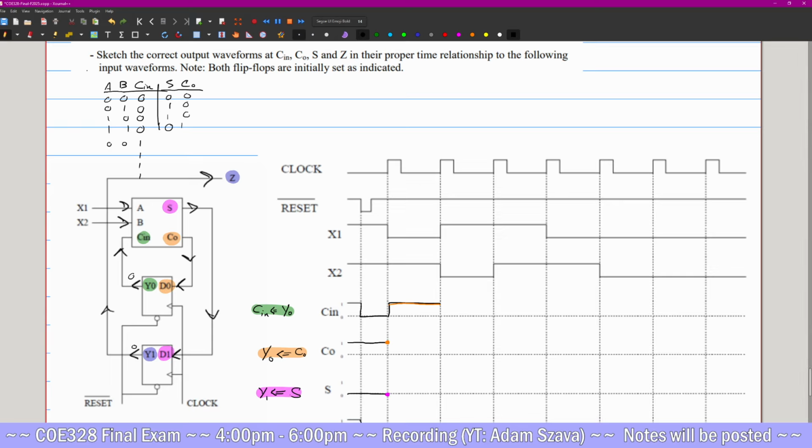So we have 0, 0, 0, 1, 1, 0, 1, 1. Okay. So this is going to be 1, 0. This is going to be 0, 1. This is going to be 0, 1. And this is going to be 1, 1. Okay, there we go. We got it.